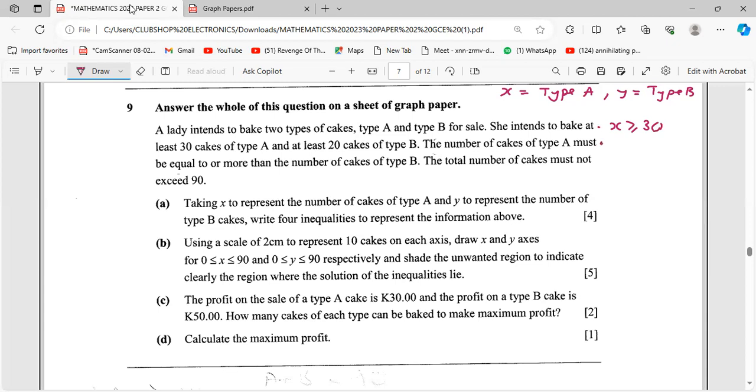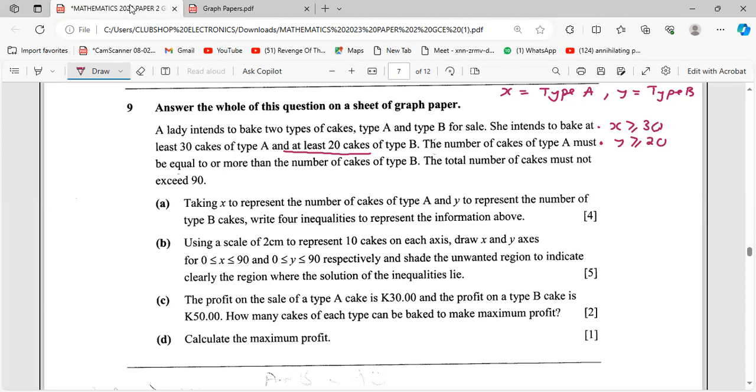The second inequality: at least 20 cakes of type B. Type B is Y, so Y is greater or equal to 20.